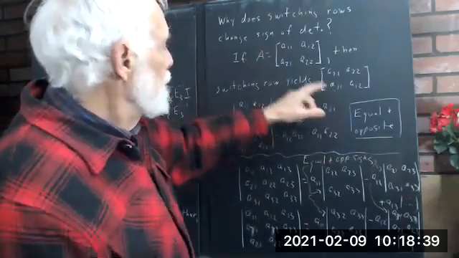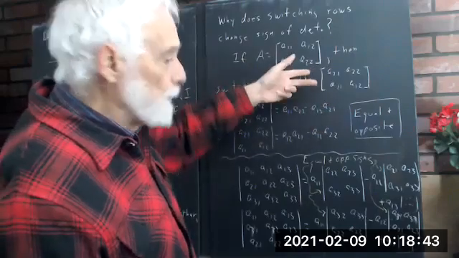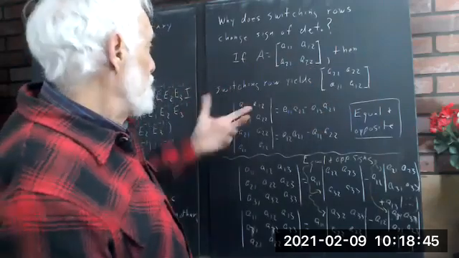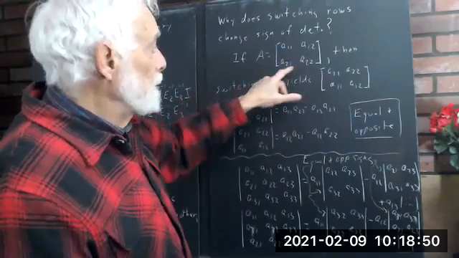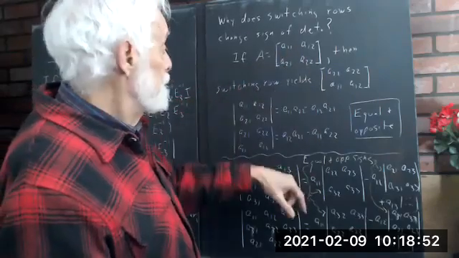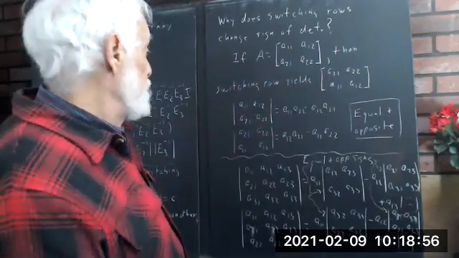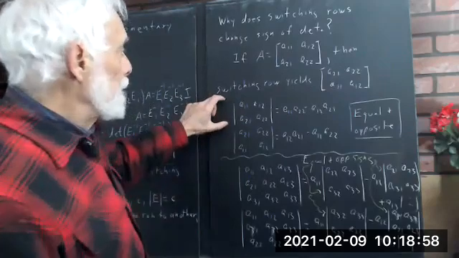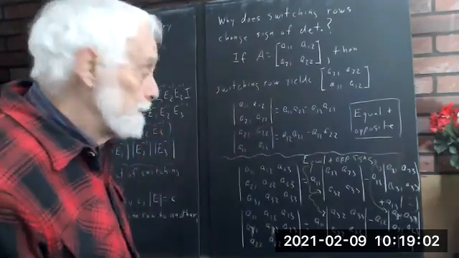We easily prove that the determinant of a 2x2 matrix changes sign if you switch the rows. Here's a matrix, A11, A12, A21, A22. Switch the rows, you get A21, A22, A11, A12. The determinant of the first matrix is A11 A22 minus A12 A21.